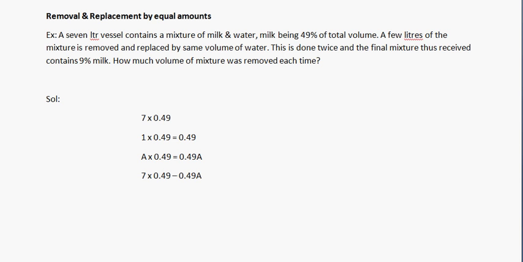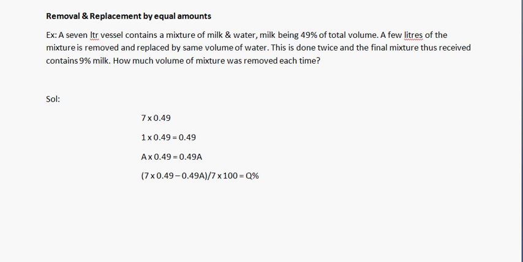What is the percentage of milk now? Let's call this quantity Q. So this is the amount of milk, and let's find the percentage of milk: this divided by 7 multiplied by 100, let's call this the new percentage, Q percent.